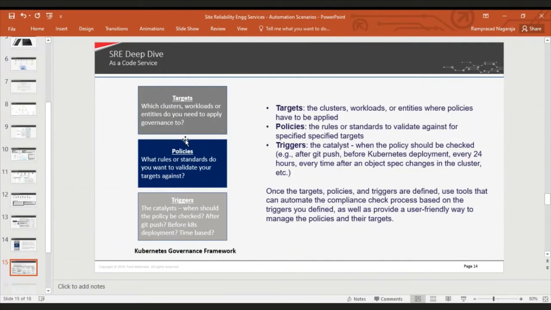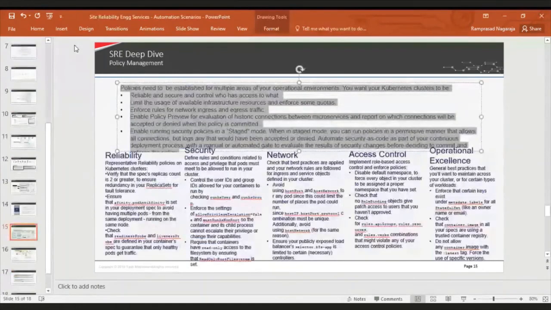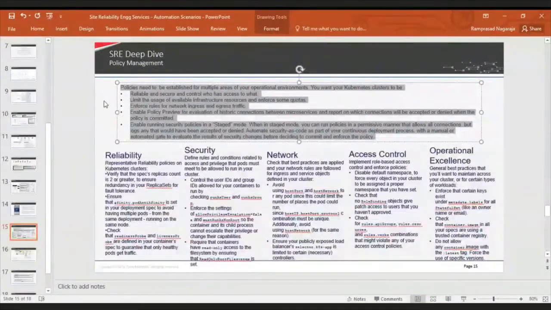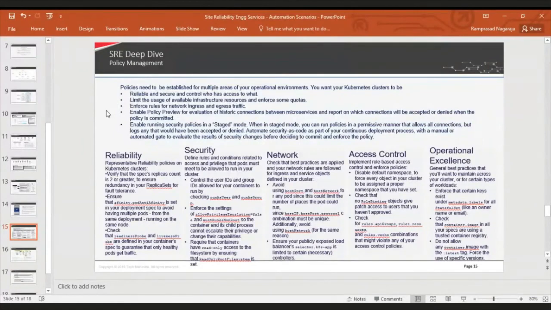And this is in terms of policy management. So these are some of the typical setup and network related, security related, reliability configuration things that you can set up by default, which will enable you to manage your policies, whether it is for a security purpose, for a network access control, in terms of some of the best practices of managing your clusters.